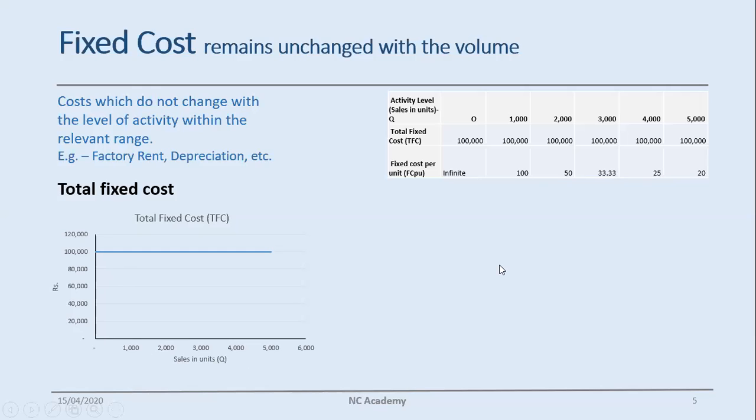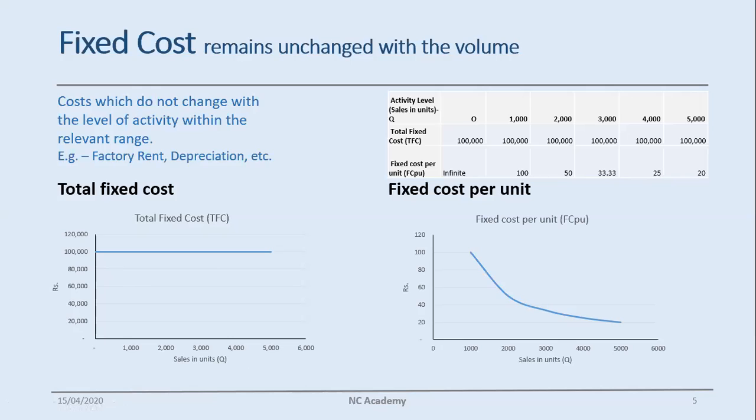So let's see the graphical representation for fixed cost per unit. As you can see very clearly in this graph, when you are producing more and selling more and more units, your 100,000 can be shared by many units.